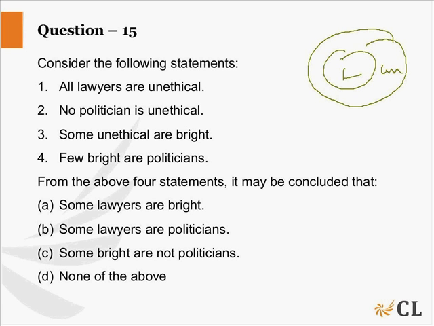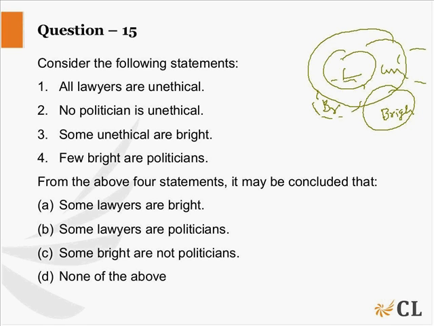Then it says some unethical are bright. So when I draw bright, I can draw bright over here. I can also extend bright like this, right? And it says some unethical are bright, few bright are politicians. So what would happen?